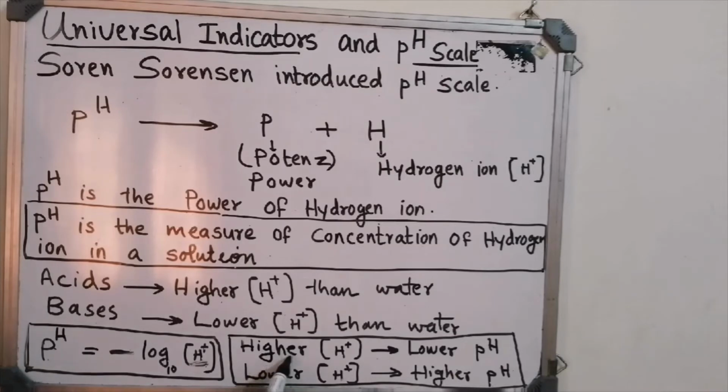So acids have higher hydrogen ion concentration but lower pH. And bases have lower hydrogen ion concentration and higher pH. And once again, pH is minus log hydrogen ion concentration.